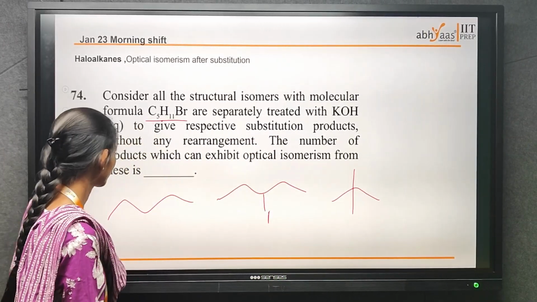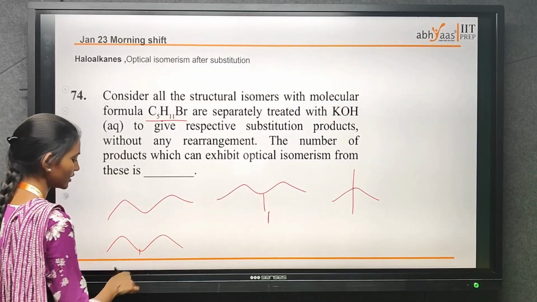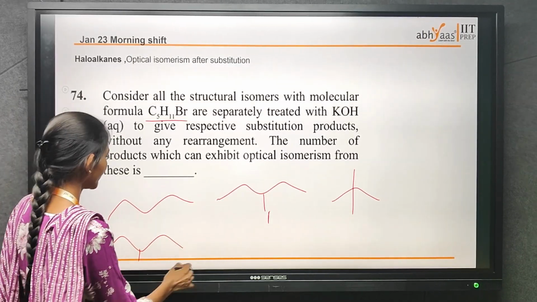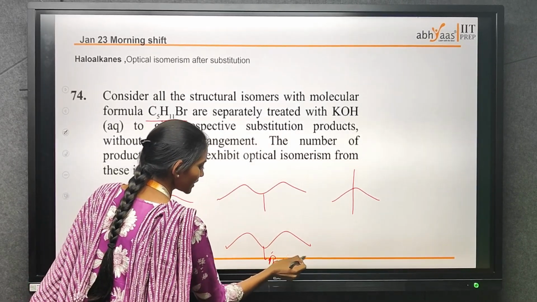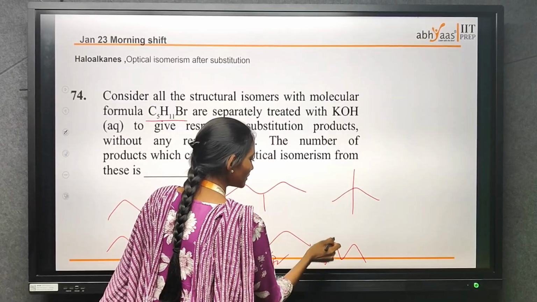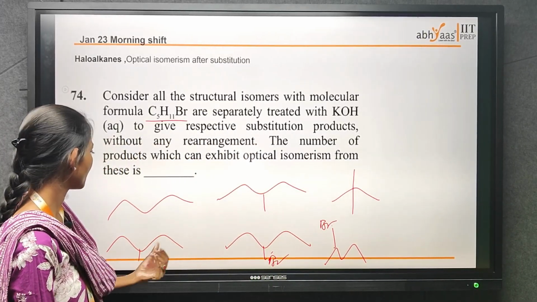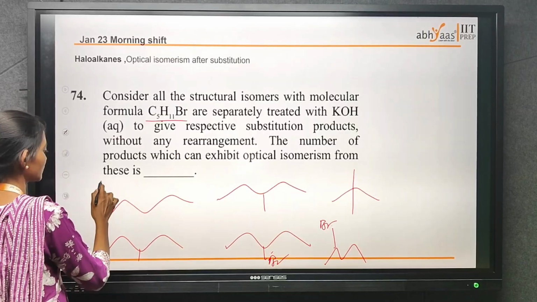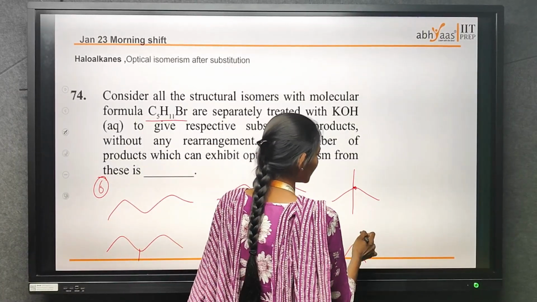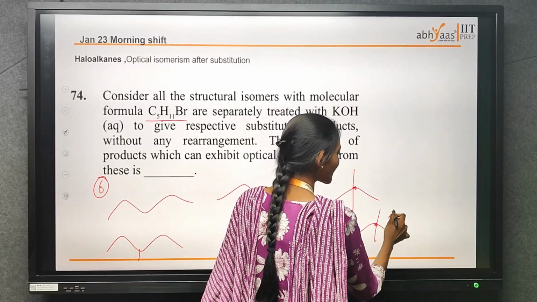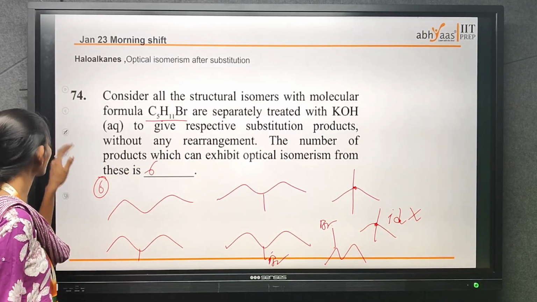So optical isomerism means, when you are doing here, you will get your bromine here, right? And again, you will get your bromine here, right? Again, you will get your bromine, right? So how many are you getting here? 1, 2, 3, 4, 5, 6, right? With optical isomerism, which is 2 power n. If you do on the tertiary carbon, this is your identical one, right? So it is not possible. So the answer hence is 6.